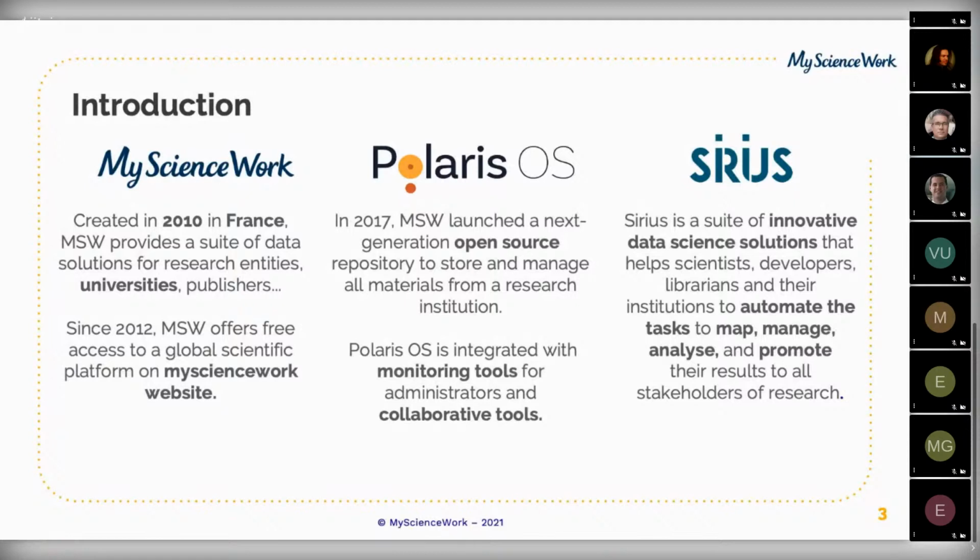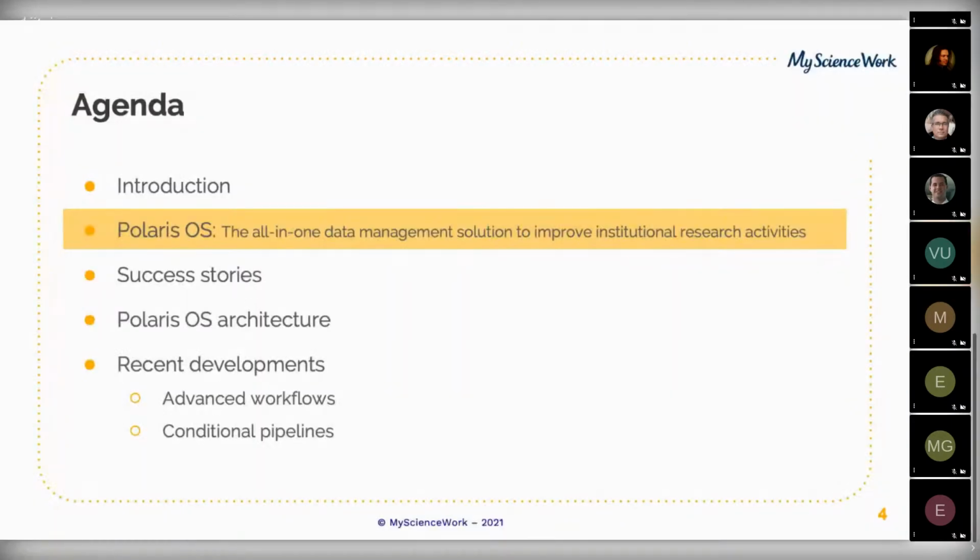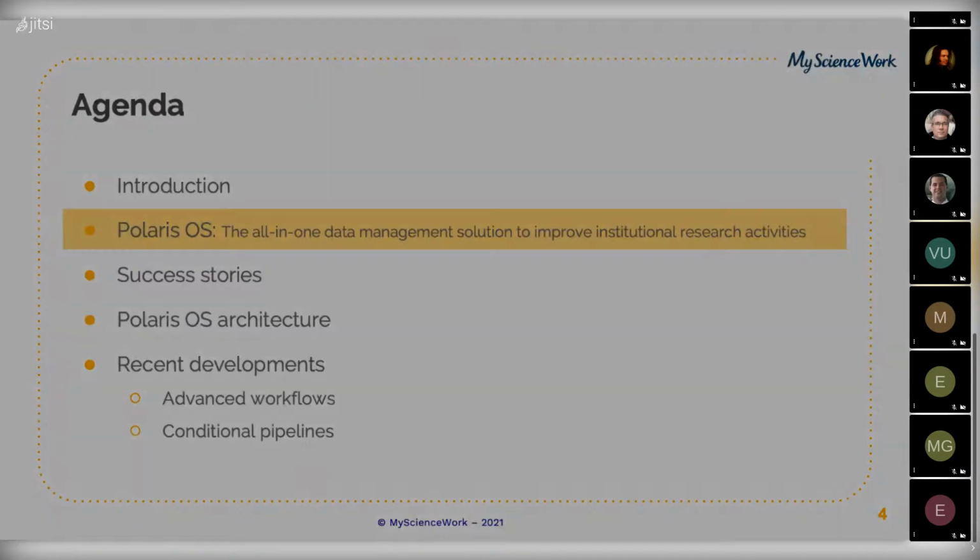We will see that after. We also offer an artificial intelligence-powered research analytics solution called Sirius, for governing bodies, which helps research institutions automate several research activities and tasks. So let's move to Polaris OS, the data management solution that can help you with your research activities and improve open science.